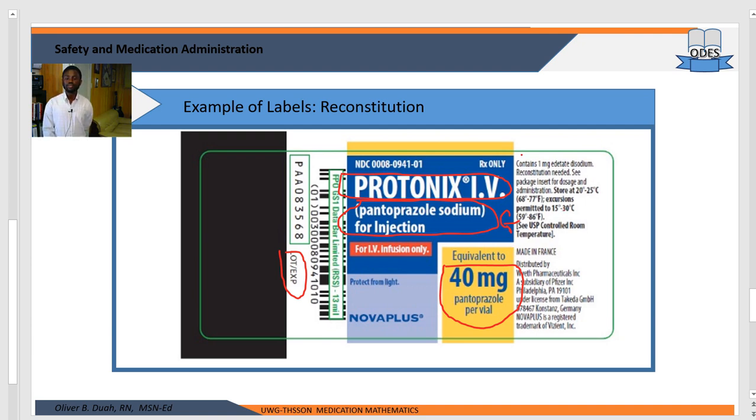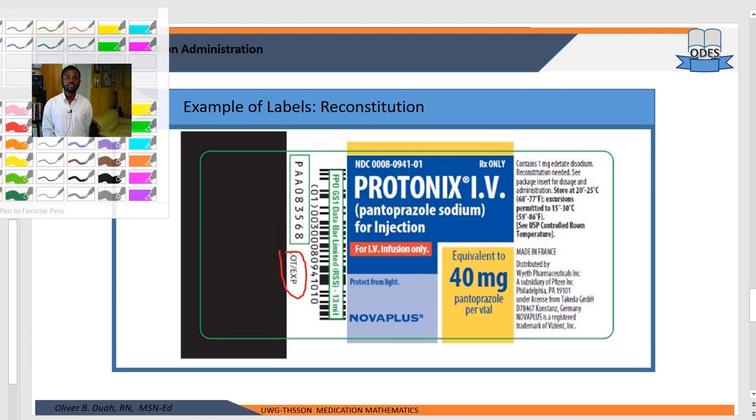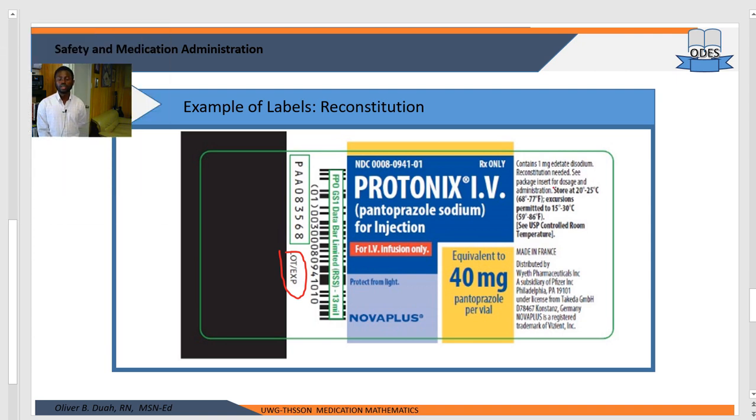And when you look on this right side, let me wipe some of this up so you see. When you look on this right side, you are going to find information on the reconstitution. So if you can see this, it says reconstitution needed. See package insert. And so we are going to go to the package insert to make sure we reconstitute this right.